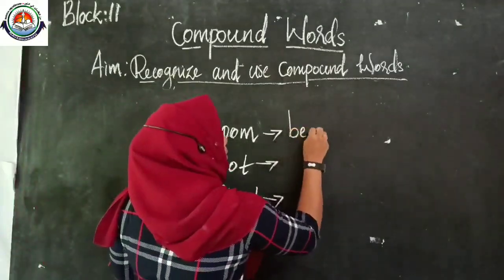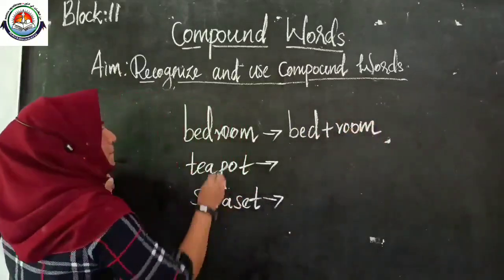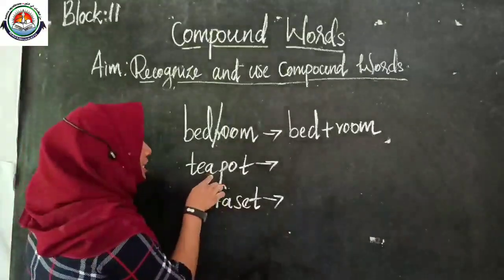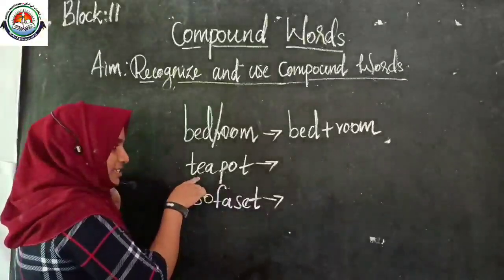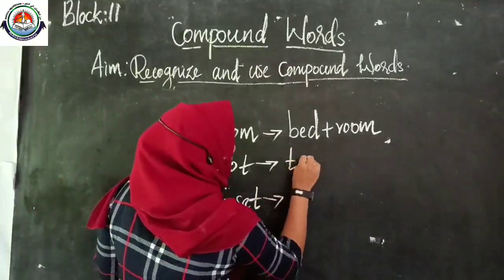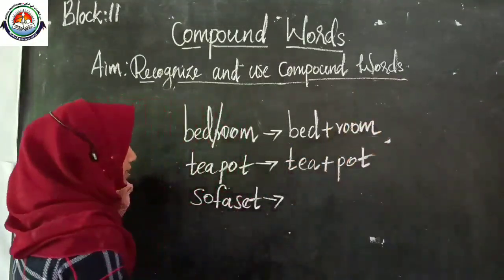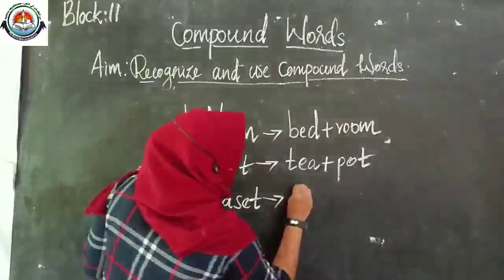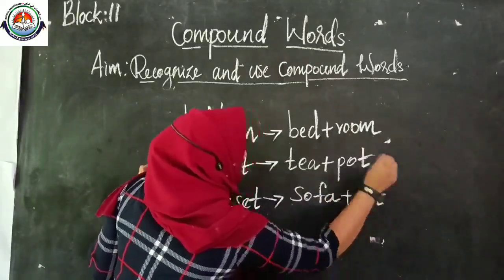It is bed plus room, bedroom. This way we can divide. And teapot, how can we divide it? It is tea plus pot. Very good. And the last one is sofa plus set.